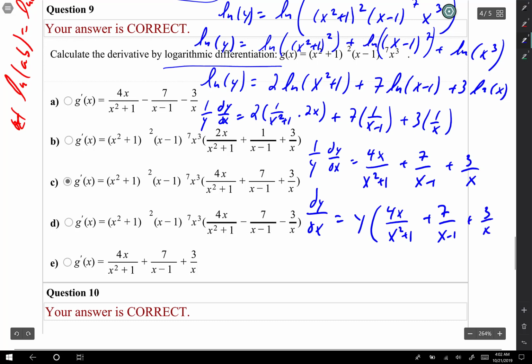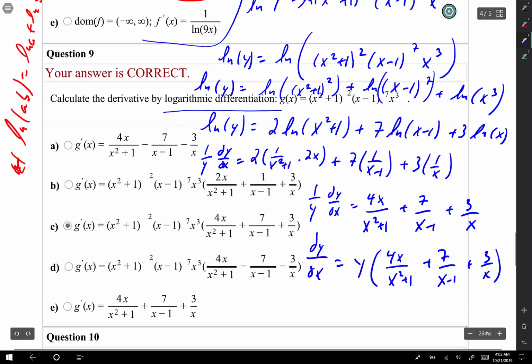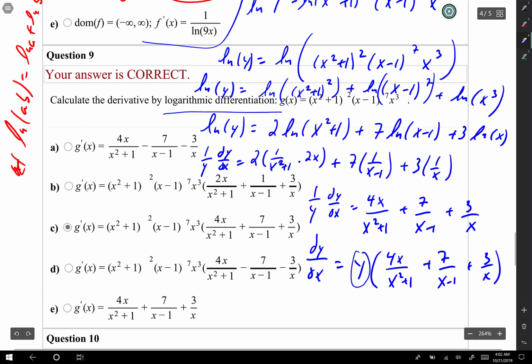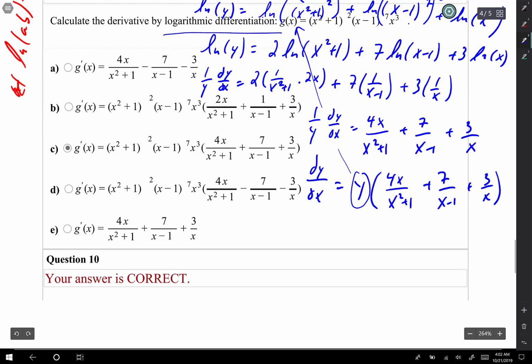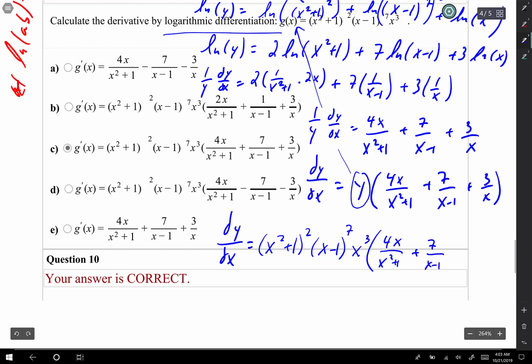Now remember what y equaled. y equaled the whole shebang. So dy dx equals, let's see if I can fit it all in here, guys. x squared plus 1 squared, x minus 1 to the 7th, x cubed, giant parenthesis, 4x over x squared plus 1, plus 7 over x minus 1, plus 3 over x.